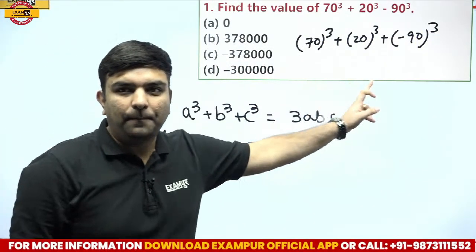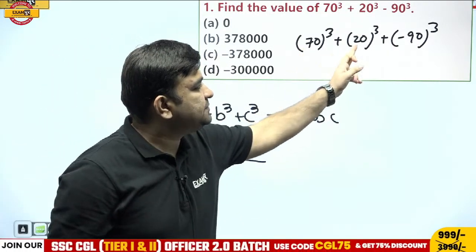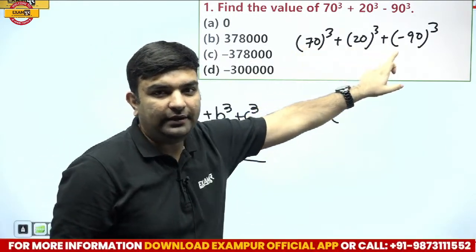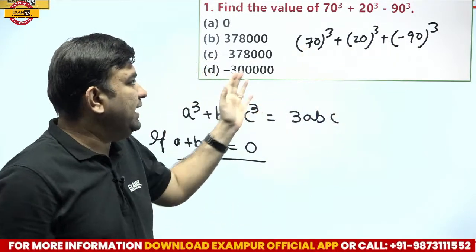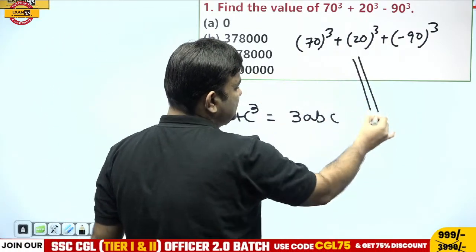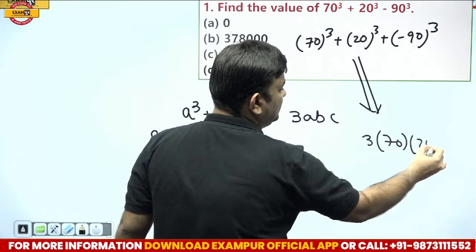Here a plus b plus c is 0: 70 plus 20 is 90, 90 minus 90 is 0. So a plus b plus c is 0, so a cube plus b cube plus c cube would be 3abc.